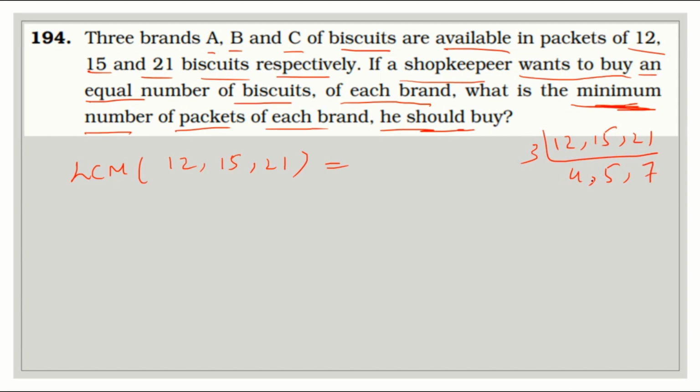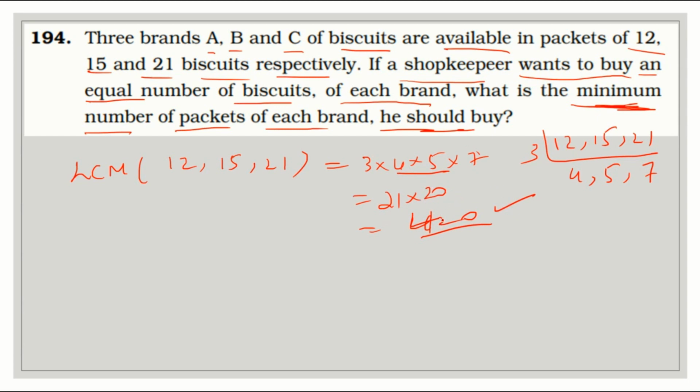Now no 2 numbers have a common divisor, so now for the LCM you have to multiply 3 into 4 into 5 into 7, which gives 4 5s are 20, 3 7s are 21, so it is 420 being the LCM.